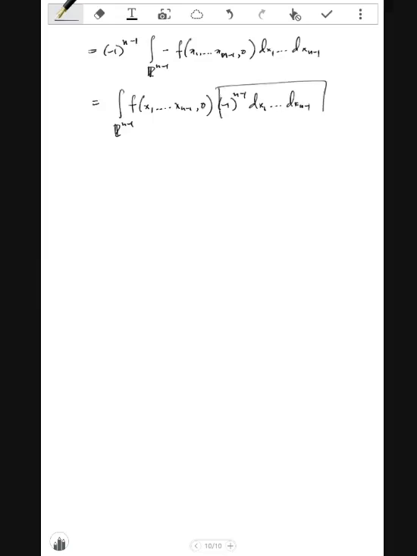But then this is the orientation which we had chosen on the boundary of Hn. Sorry, this is not n minus 1, this is n.